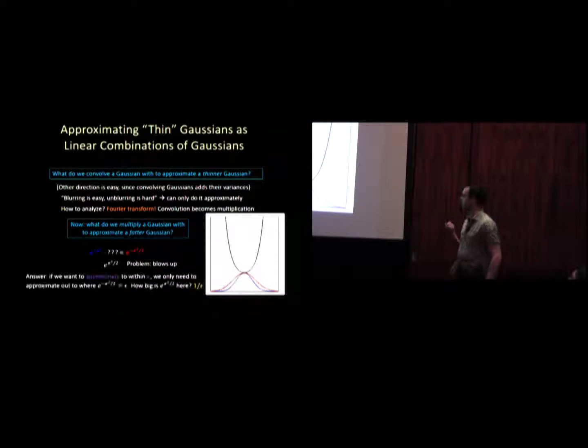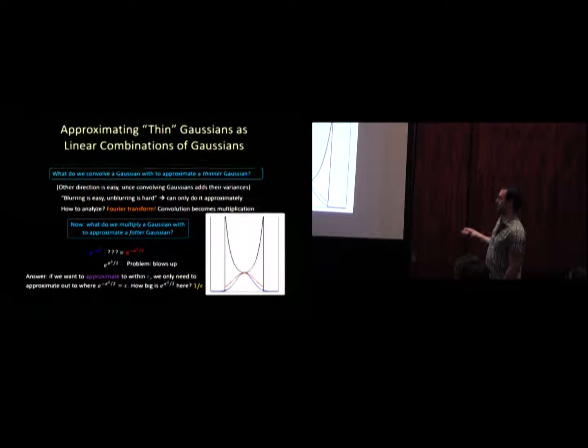Okay, new idea. We only want to approximate this within epsilon. So we only need to approximate this out to where things become epsilon. We're trying to approximate the red thing, so as soon as the red thing becomes less than epsilon, we can forget that. So if we chop it off here, how big is black here? Let's chop off black here as well.